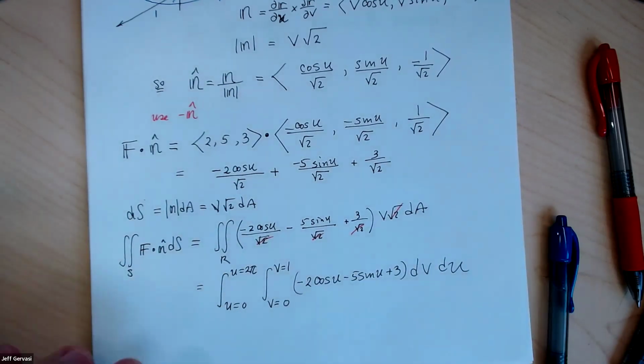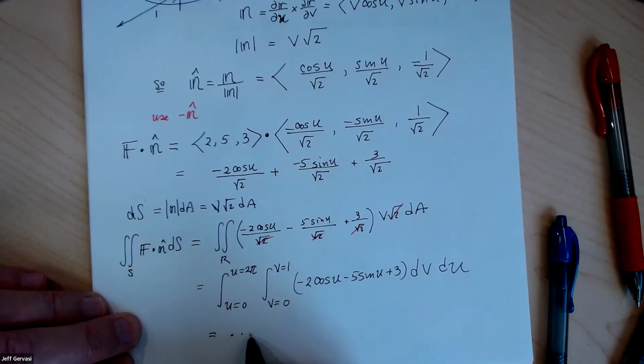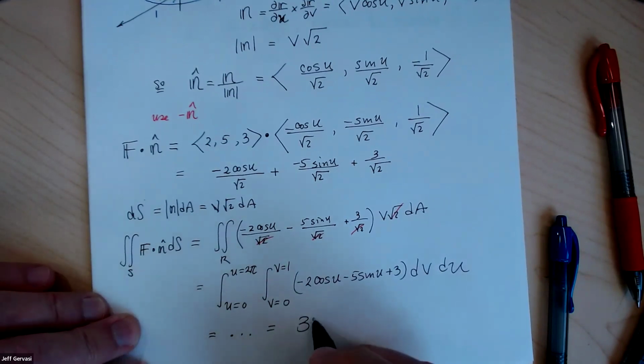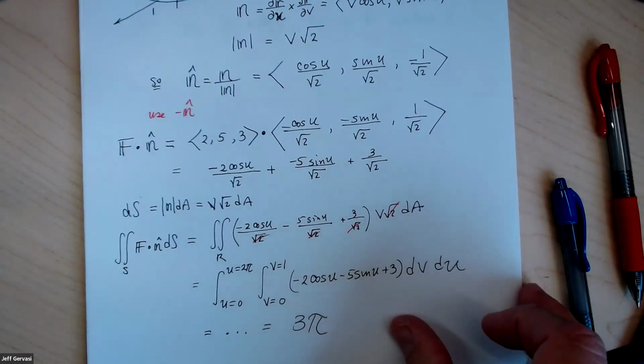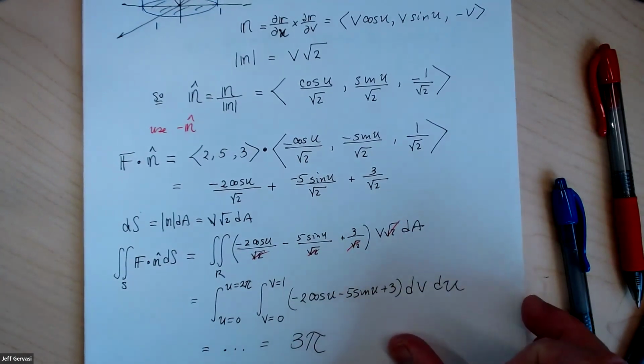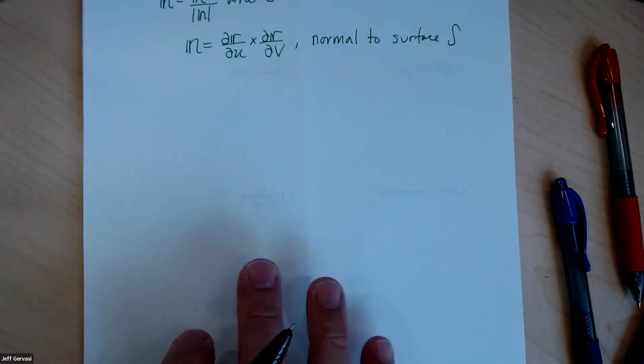And this is just straightforward integration now, everybody. Straightforward integration. I'll leave the details to you to fill in. Should get a value of 3 pi at the end. Okay? All right, so far so good, hopefully. All right, they're a little tedious, huh? They're a little tedious. All right, let's try the next one.